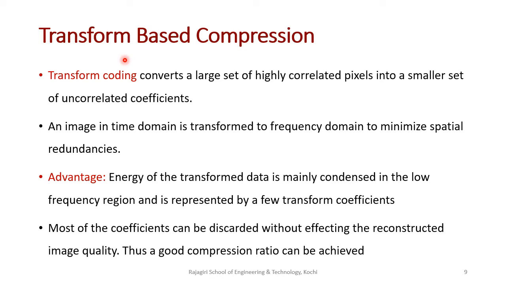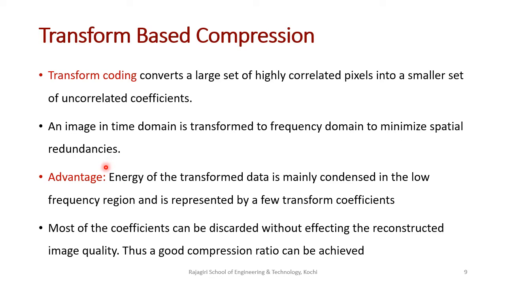Now we will look at transform-based compression. Transform-based compression is significant because the pixels in an image are highly correlated with the neighboring pixels. Transform coding is a mathematical operation that converts a large set of highly correlated pixels into a smaller set of uncorrelated coefficients. An image in the time domain can be transformed to the frequency domain in order to minimize the spatial redundancies.